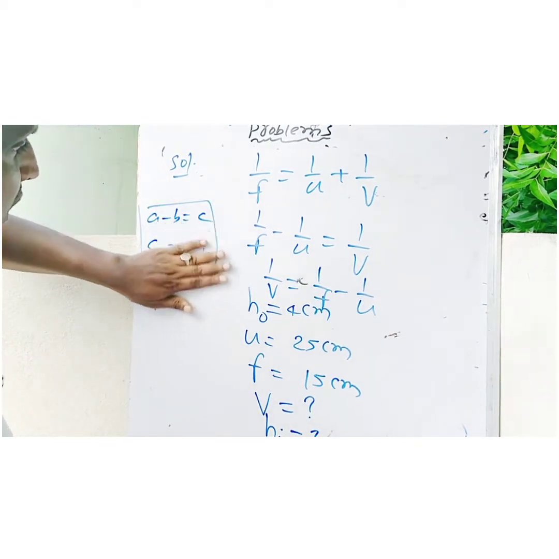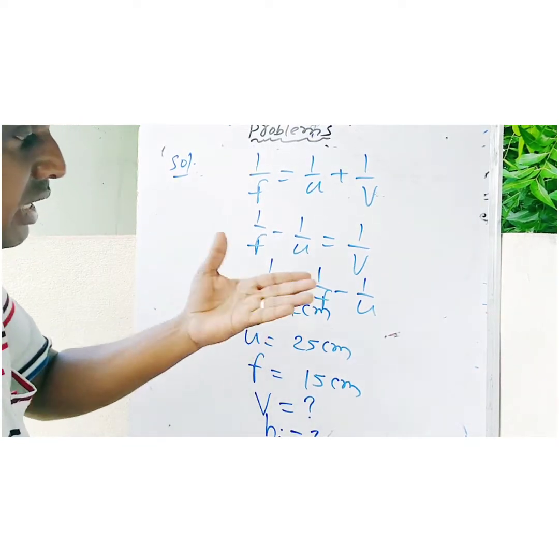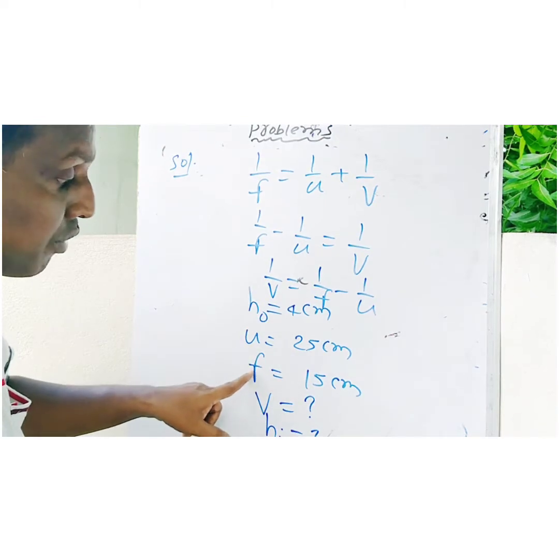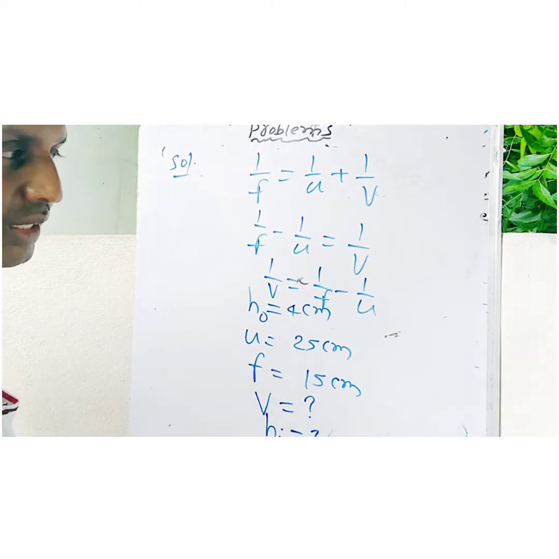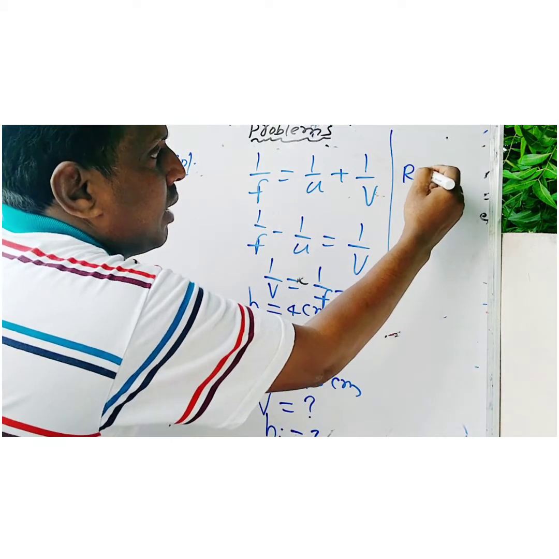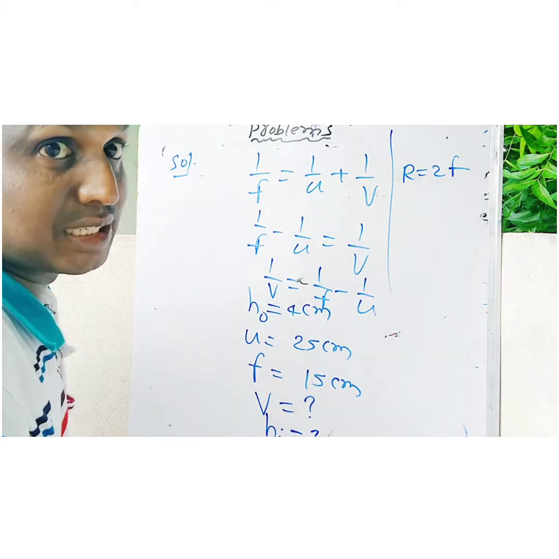Now HO: the object is above the axis, so it is plus only. For U, F, V, HI, we also know the relation R equals 2F between radius of curvature and focal length.